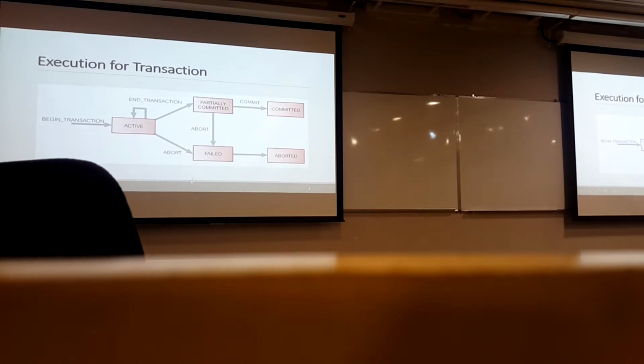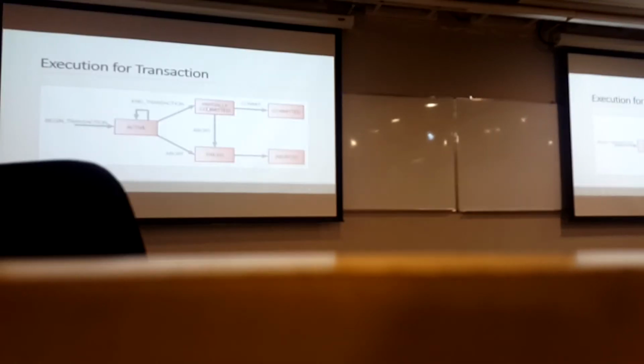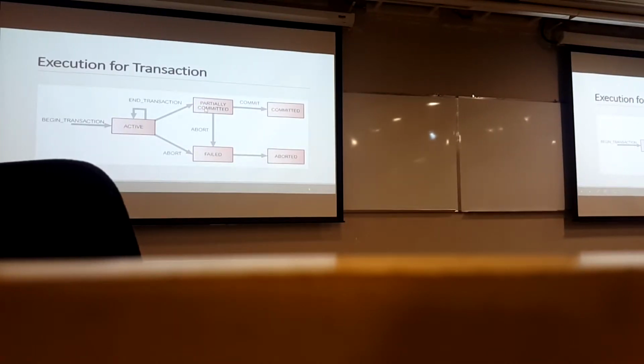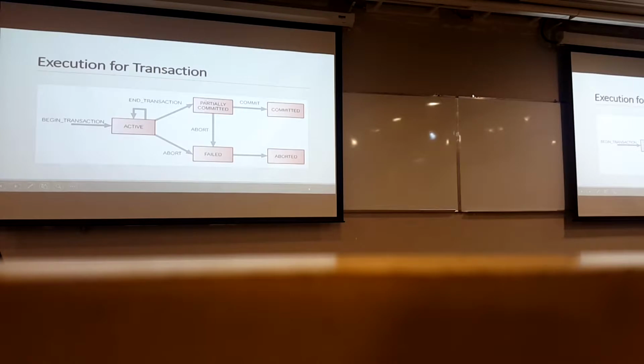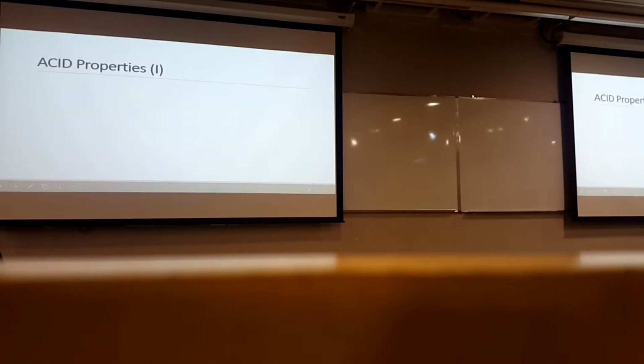There are only two possible results. Sometimes you can do a partial commit, but I don't see a lot of those cases. This concept actually violates what we know about transactions, because a transaction is a logical unit that you cannot break down further. So it either commits or aborts.